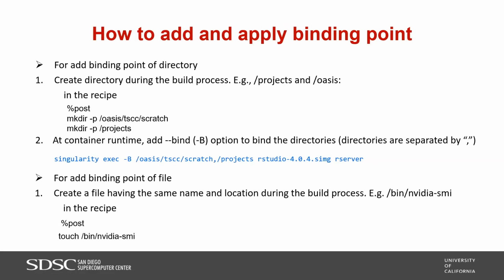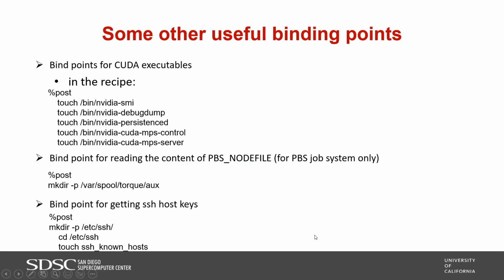So I don't need to add the binding option for a file, as long as I already created it at the same place during the container building process, I can use that command at the container runtime.